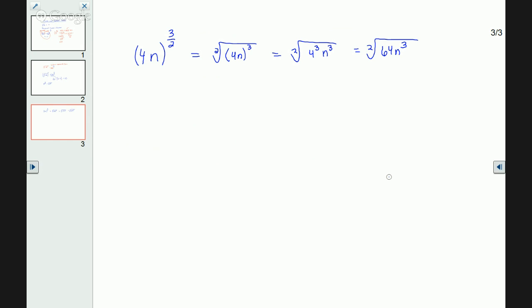And then there are a couple of problems here with negative exponents. You know what that means? The negative exponent?